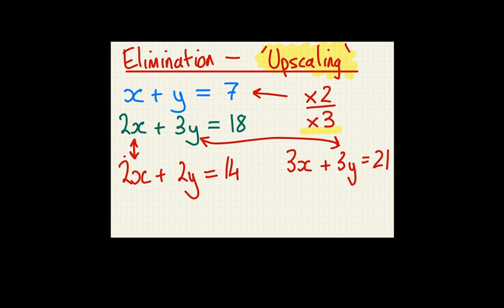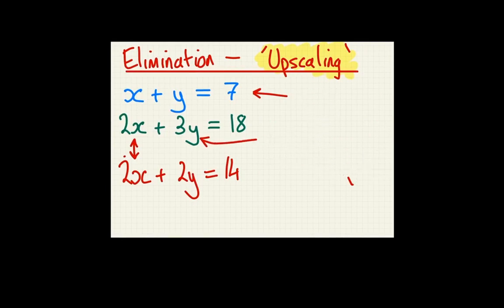Once we've got the same coefficient, we can then use our addition or subtraction. So for this one here, I'm just going to choose, and again, you can choose either of those two. To make it easier, we're going to use this one here, the 2x and the 2y.